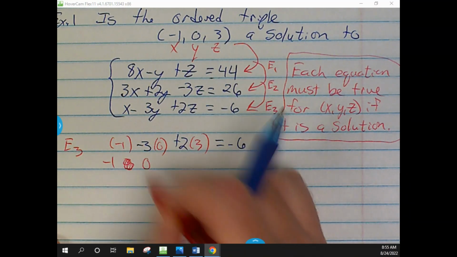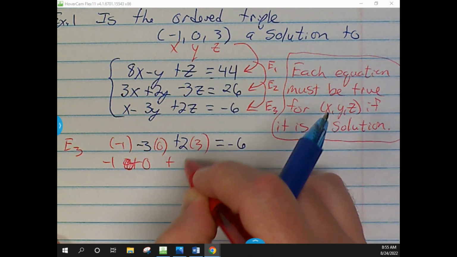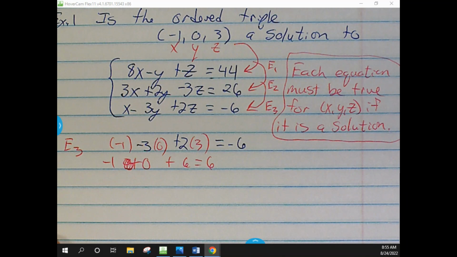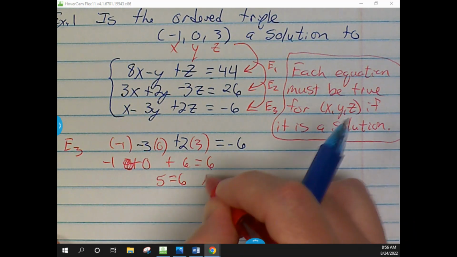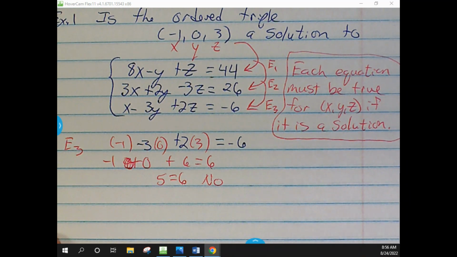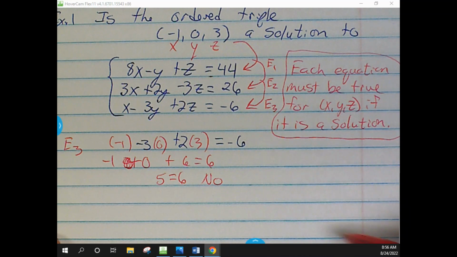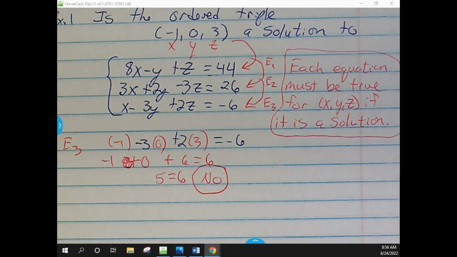That's 0, so that's out. That's gone. Doesn't matter if it's plus or minus. Plus 6 equals 6. That's -1 plus 6. That's 5. 5 equals 6. That's no. So if it doesn't fit here, it doesn't matter what it does back here. They ask us, is this a solution? If that's not true, then that thing's not a solution.